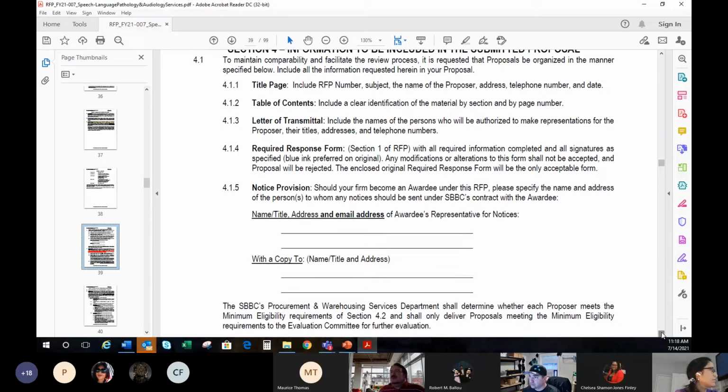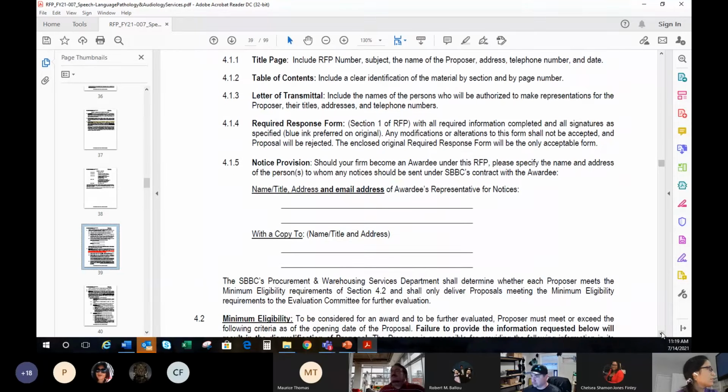Now, section 4.1.5. When we write up your agreement, we have to know the notice of provision, who a copy of that would go to, in case there's any situation going on where we have to notify your staff about the agreement.